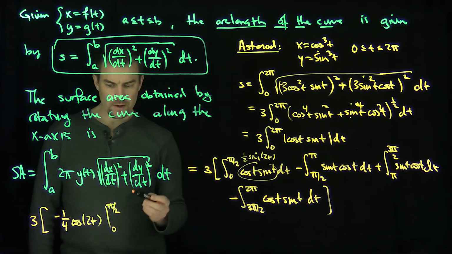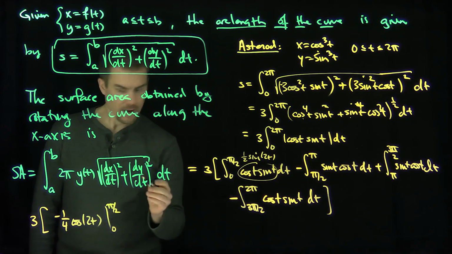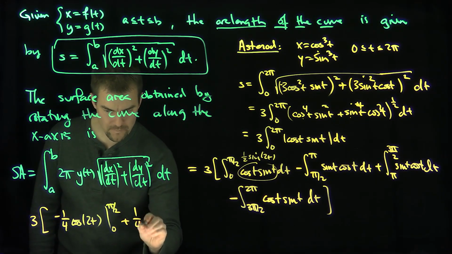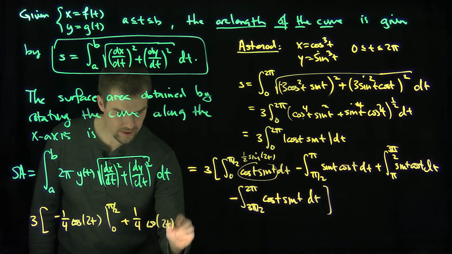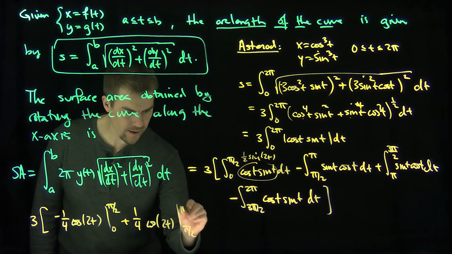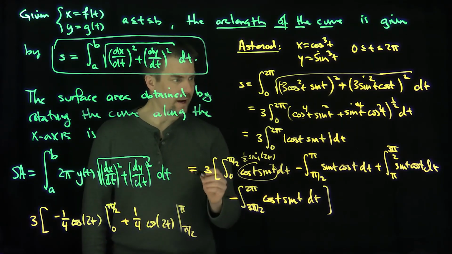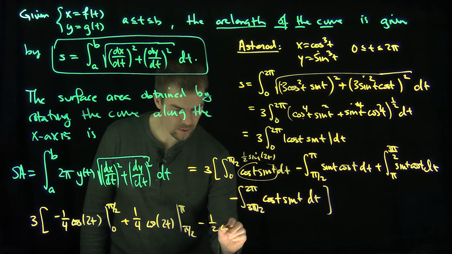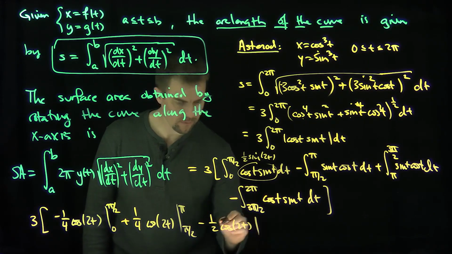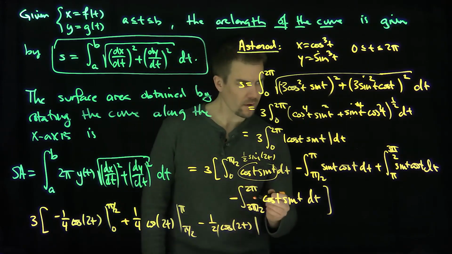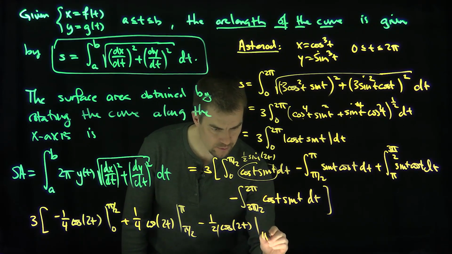And then a plus 1/4 cosine of 2t from pi over 2 to pi. And then a minus 1/4 cosine 2t from pi to 3 pi over 2.